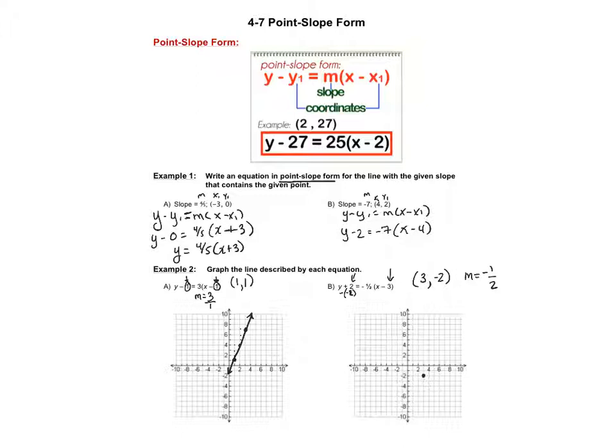And then I'm rising -1, so down 1, and then over +2, so to the right 2. Down 1 over 2, down 1 over 2. And this does make sense because my slope is a negative slope, because this was negative. I have a downhill slope, my negative slope. On the left-hand side, that was a positive slope, so my slope should be going uphill.